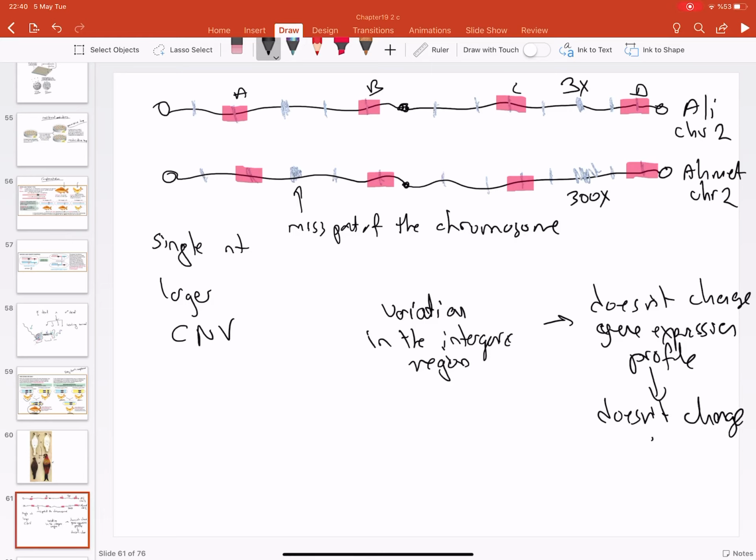And because it doesn't change fitness, it has no effect on the organism, and it can easily stay there. Nobody will notice, nobody will care.